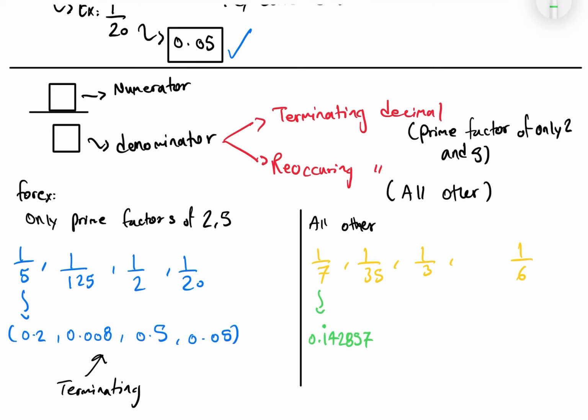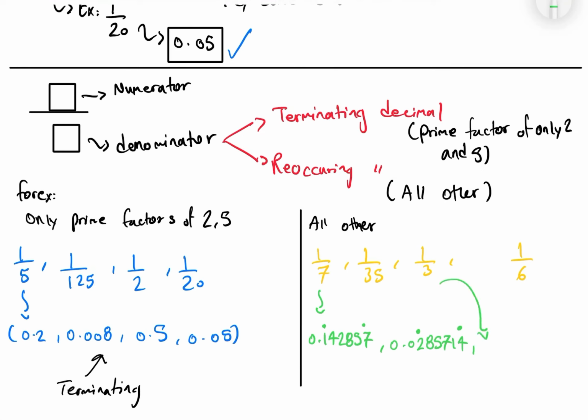So you can draw a dot on top of 1 and one dot on top of 7. The next one, 1 over 35, is something like 0.0285714, and the repeated pattern starts at 2 and ends at 4. So that's where you draw the 2 dots or just a long bar.